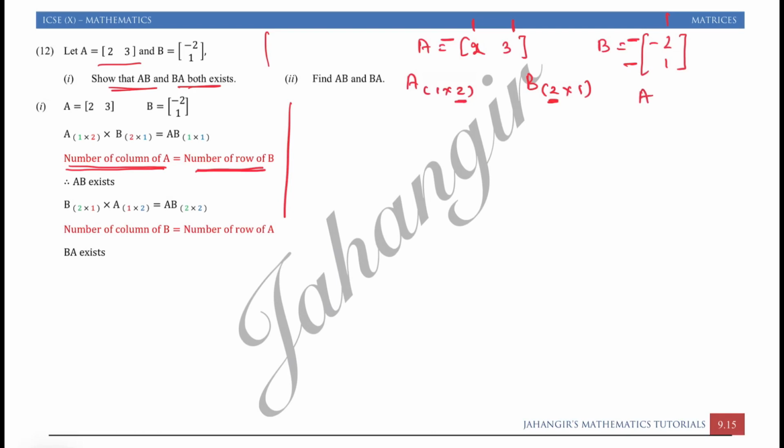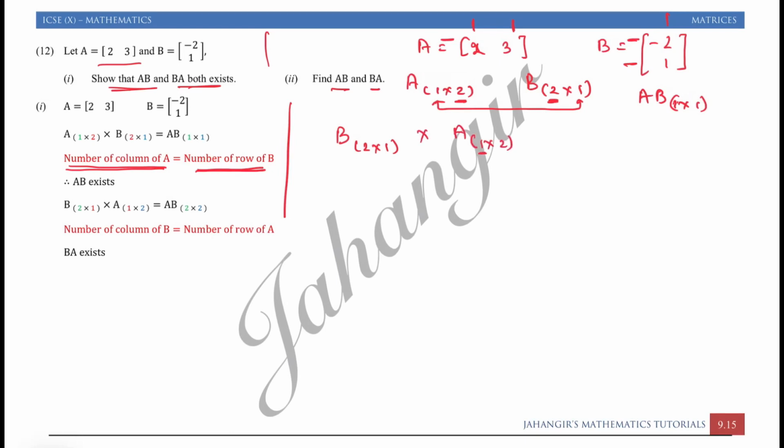So the order of AB will be 1 by 1. That means there will be only one term in AB. We will find AB and BA later. First we have to check if BA exists or not. For BA the order of B is 2 by 1 and A is 1 by 2.